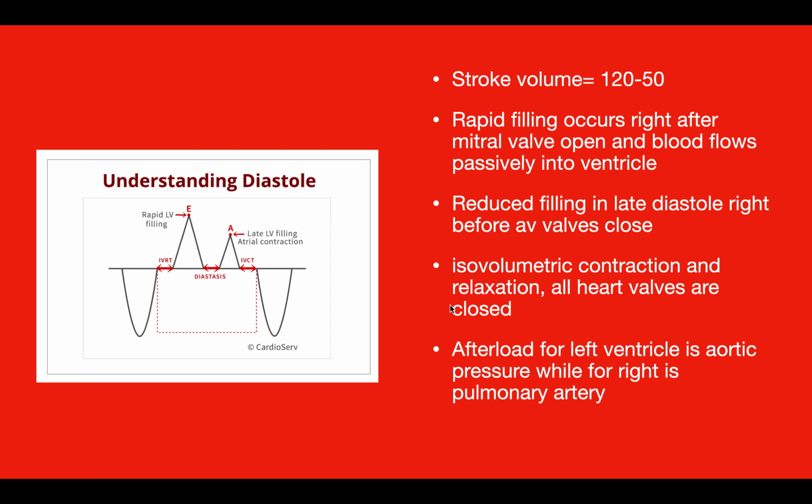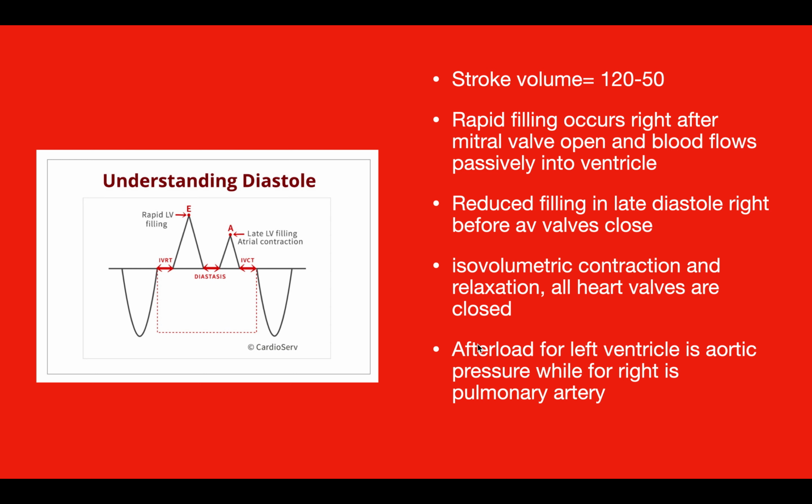There's going to be the isovolumetric contraction, and that is when all of the heart valves are closed. It's that very tiny bit of time where all of the heart valves are closed. Like, you remember they open one at a time, but for a couple of milliseconds they all do close, and that's the isovolumetric contraction and relaxation.